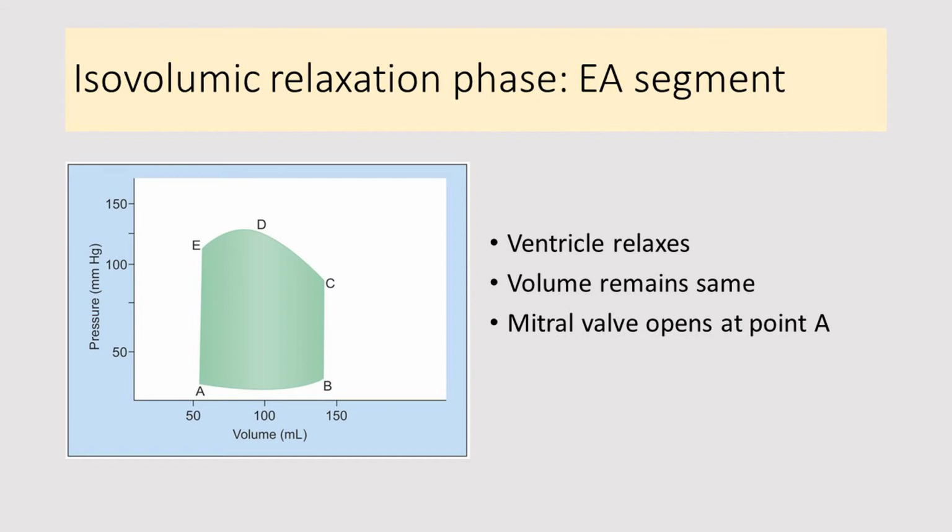Again, at point A, the mitral valve opens, leading to filling of the ventricles. These are all the pressure and volume changes that occur during the cardiac cycle, and when we record all of them in a loop, this is known as the pressure volume loop of the left ventricle.